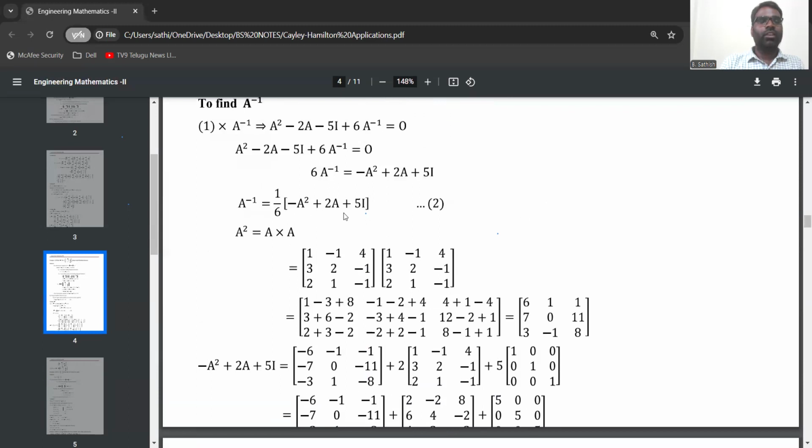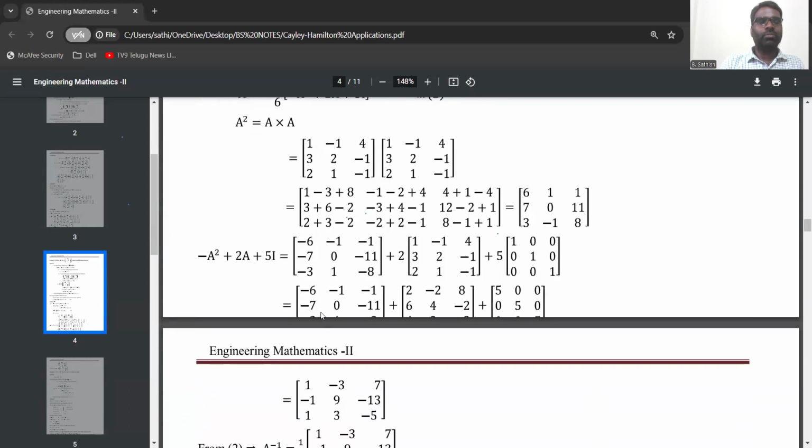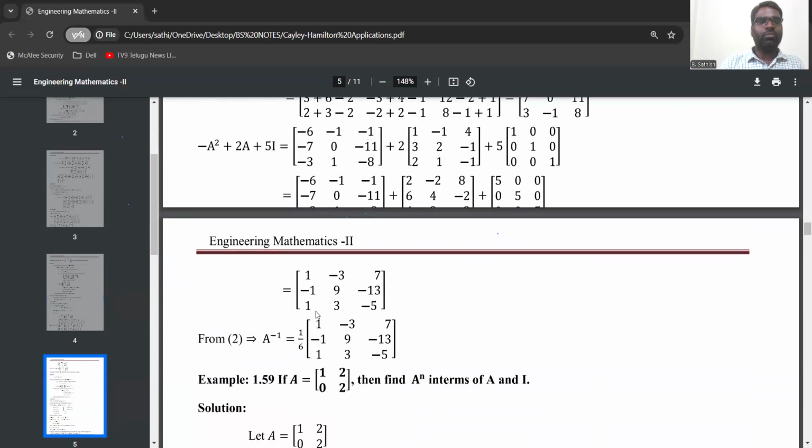In the right hand side of the equation, we have the matrix minus A square plus 2A plus 5I. So we are calculating that. After simplification, we get 1, minus 3, 7, minus 1, 9, minus 13, 1, 3, minus 5.